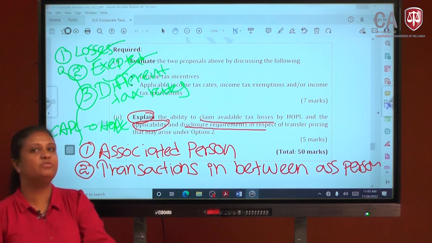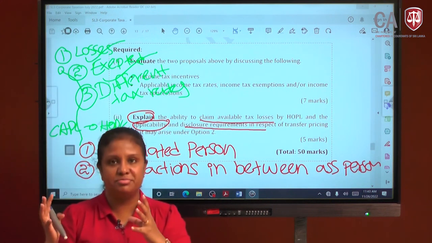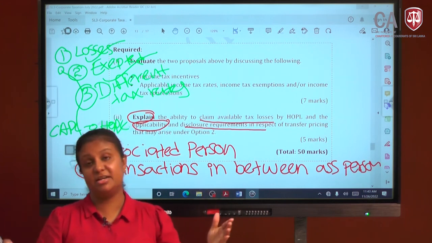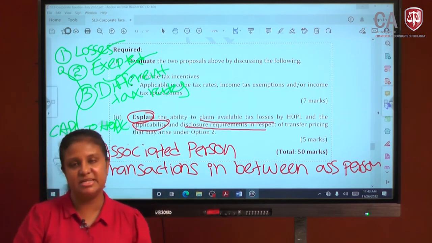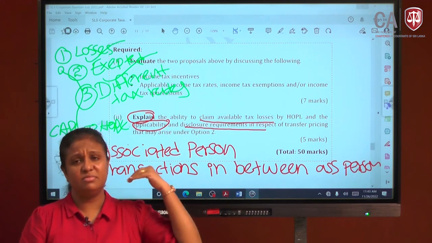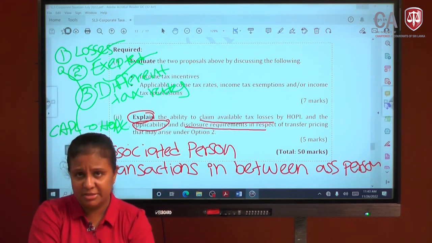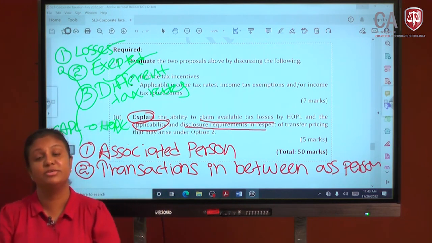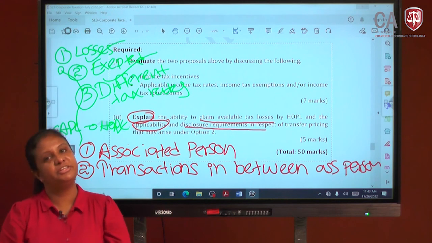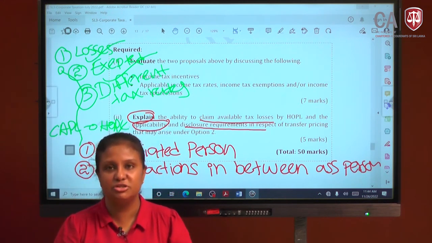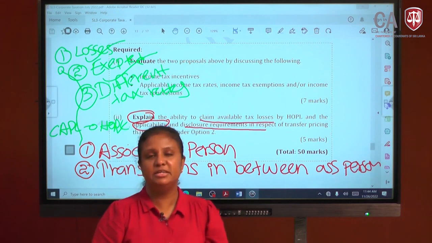When the agro produce is transferred to the factory, now with an associated person, it should be at arm's length price, and these things should be disclosed. Any transaction with reference to this associated person should be disclosed. And not only that, if the transaction value is more than 200 million, you should file what? The transfer pricing disclosure form.